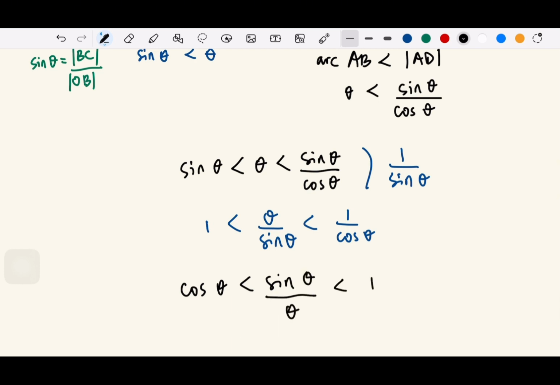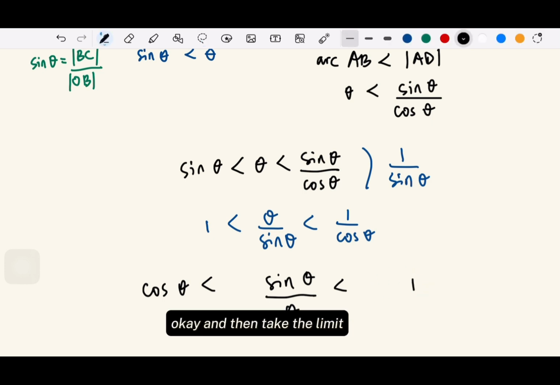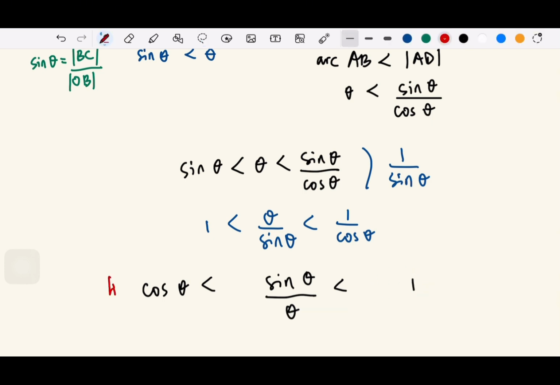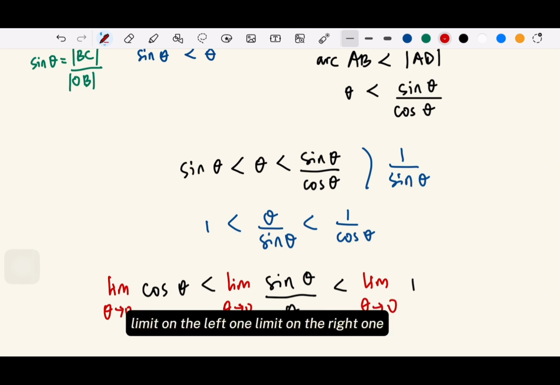Then take the limit. Limit on the left, 1.